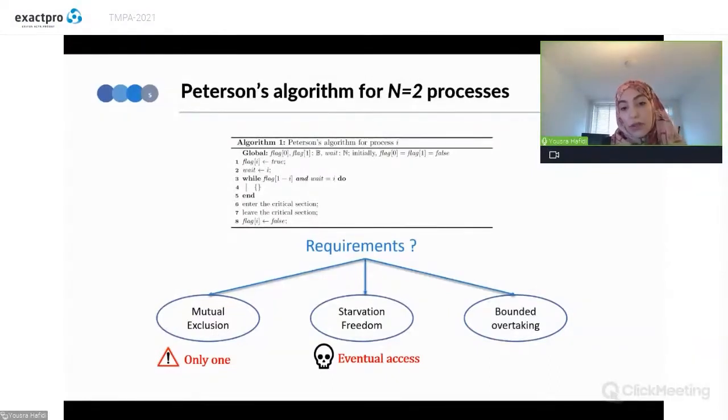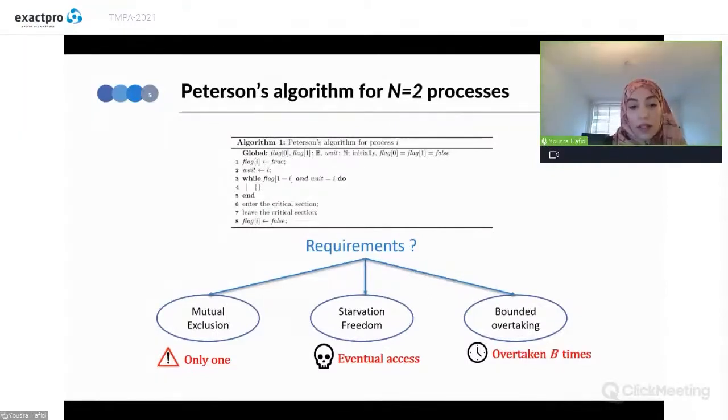And we have another important property, which is bounded overtaking. It means that there is a bound that we can compute on the number of rounds that a process will wait in order to get its turn to access the critical section.